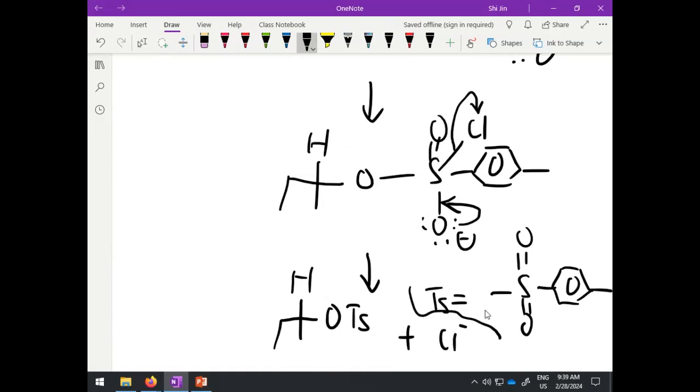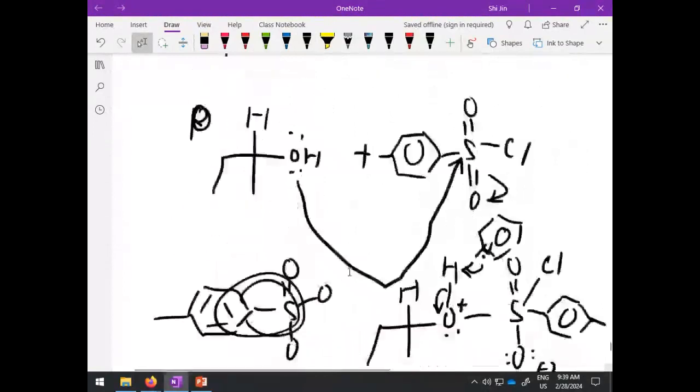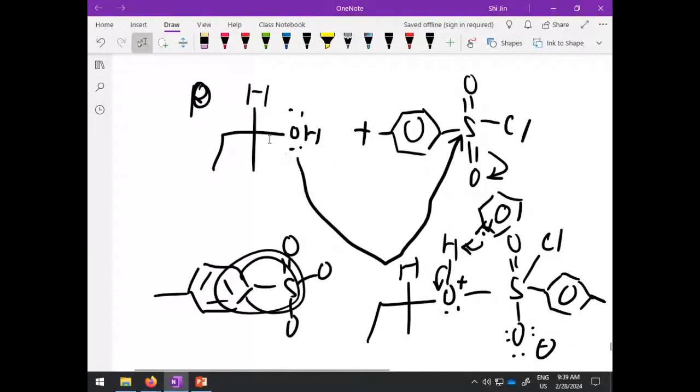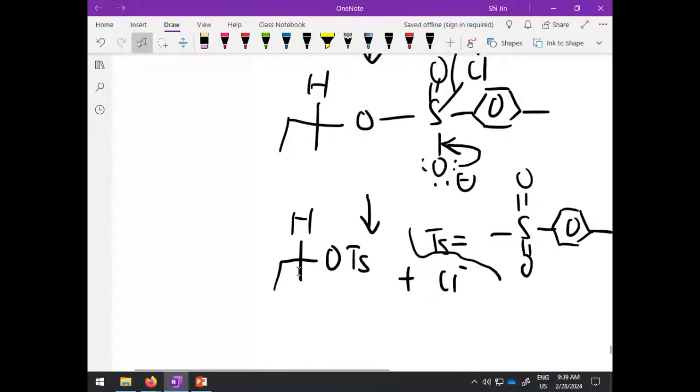Because this reaction only involves a one-step nucleophilic attack of the hydroxyl oxygen on the electrophile, the configuration of the alcohol is completely retained in the product.